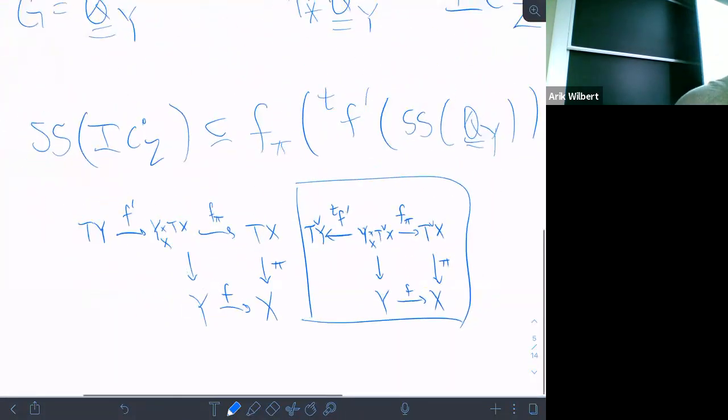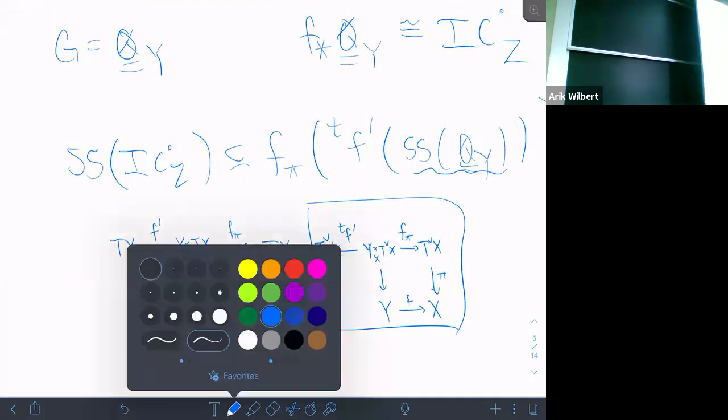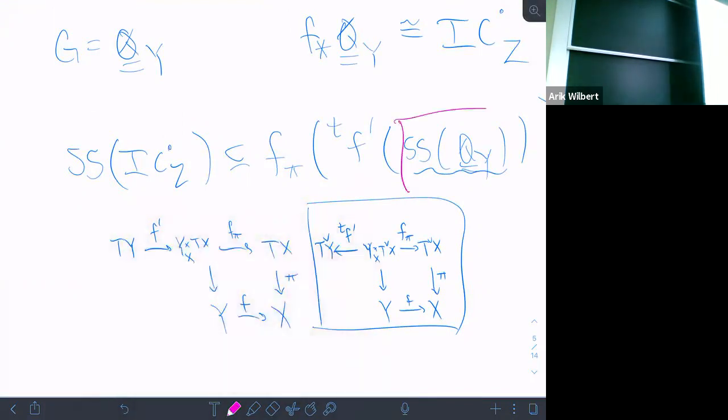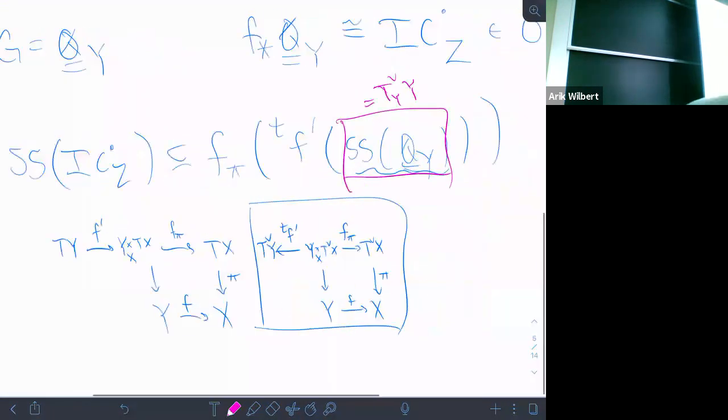What's nice here is that the singular support of the constant sheaf is just the zero section of the cotangent bundle. So you're embedding Y as the zero section and looking at the preimage and then the image.